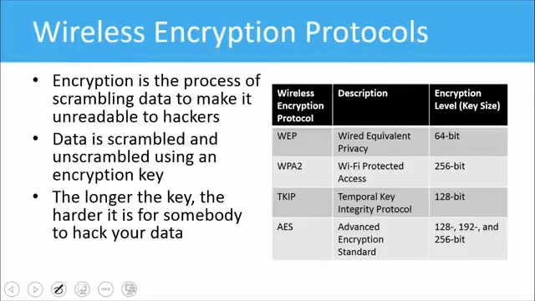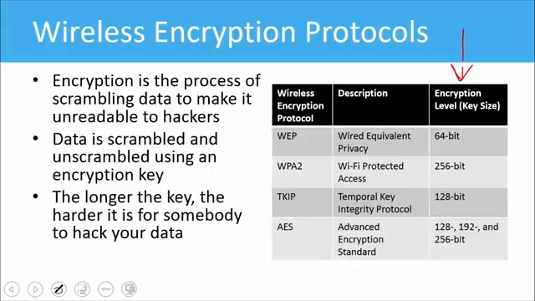The table to the right is going to detail a couple of different wireless encryption protocols for you. You may be familiar, you may be using some of these at home. But what happens with encryption is that we scramble data to make it unreadable to hackers. We do this using keys, and the size of your encryption key is going to dictate how strong your encryption is, right?